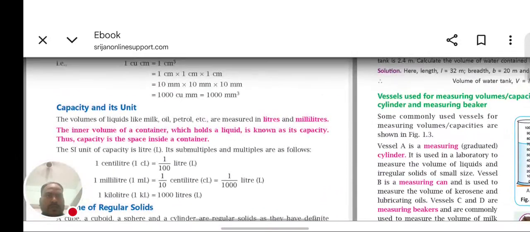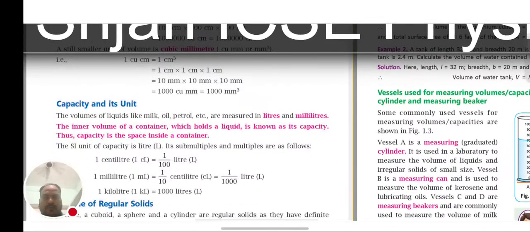Now, next one, 1 cubic centimeter equals how many millimeter cube? To find this, we must do the multiplication 1 centimeter into 1 centimeter into 1 centimeter, 3 times.